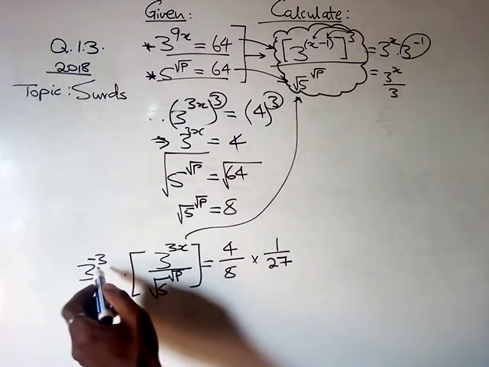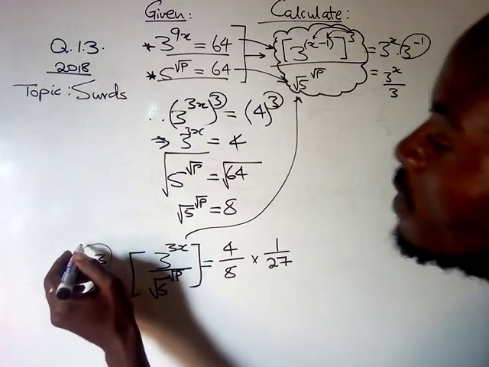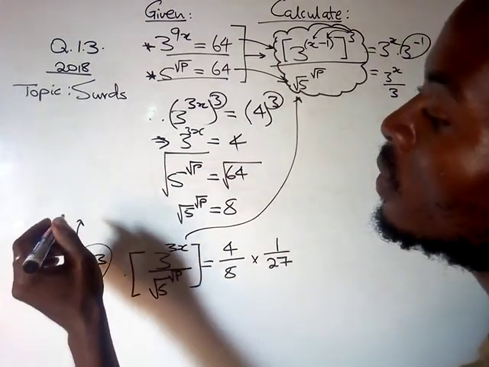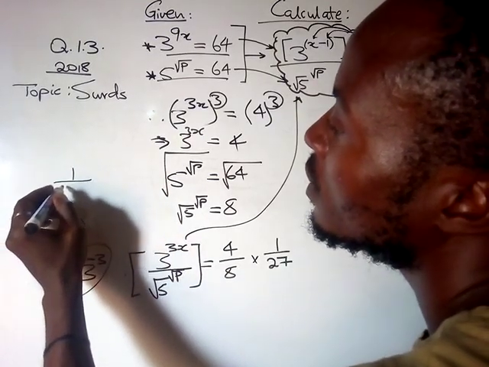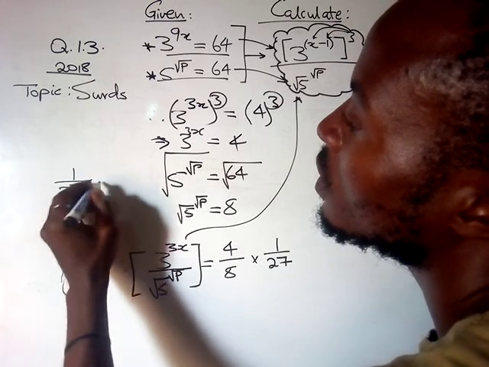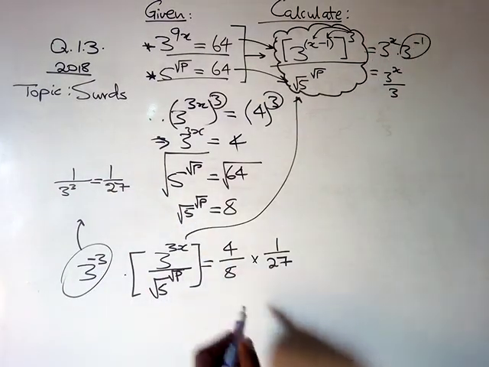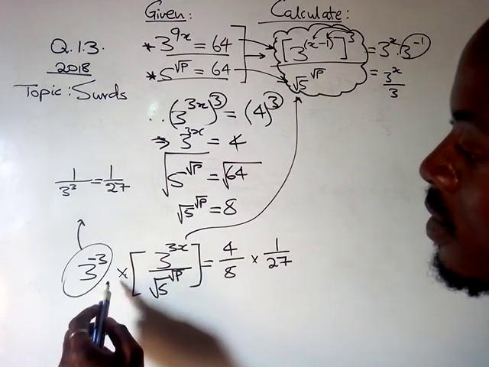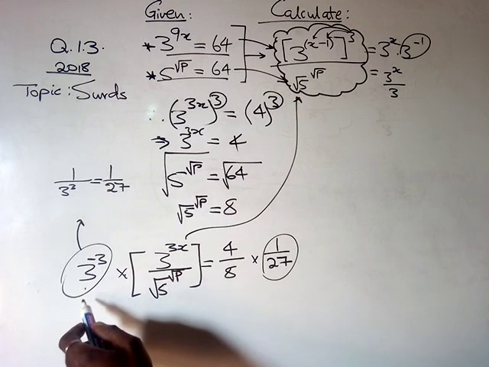It means this is the same as 1 all over 27, because expressing this as a positive exponent, we have 1 over 3 to the 3, which is the same as 1 over 27 basically. So that's why if we multiply both sides by this, we have this, which is the same as that.